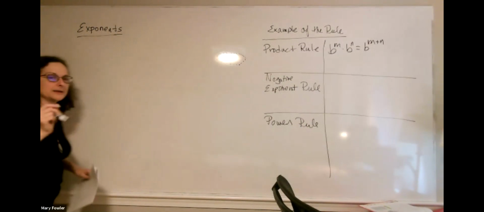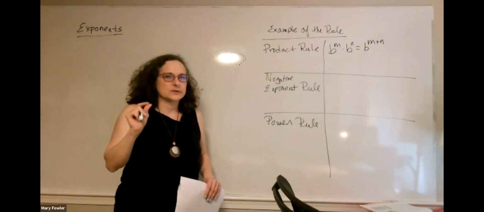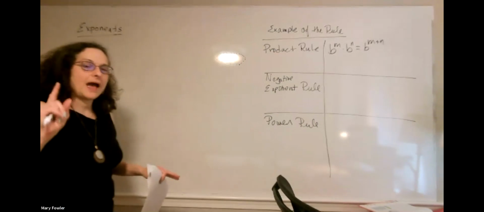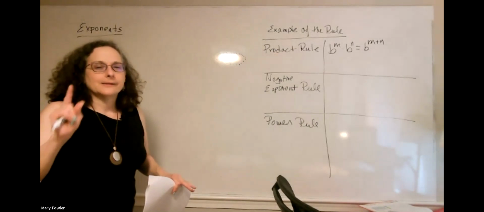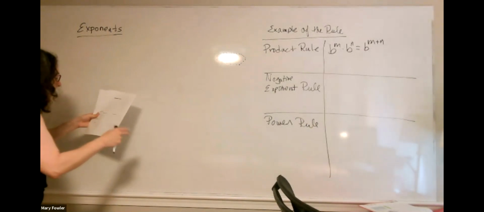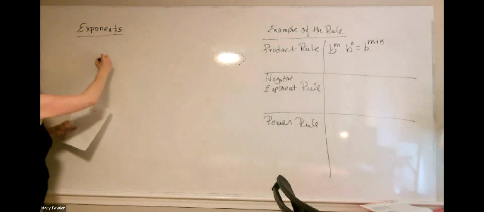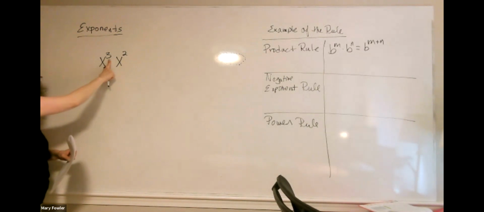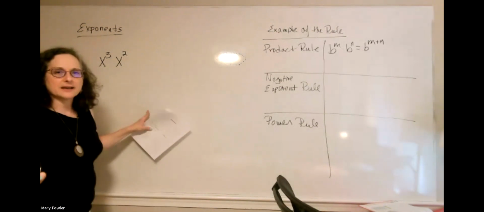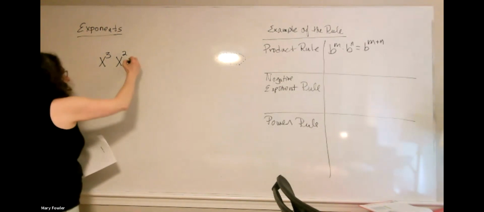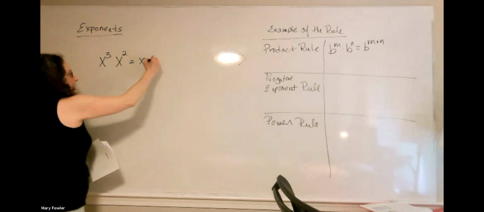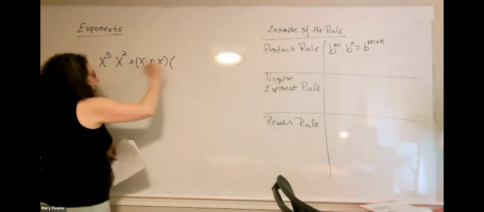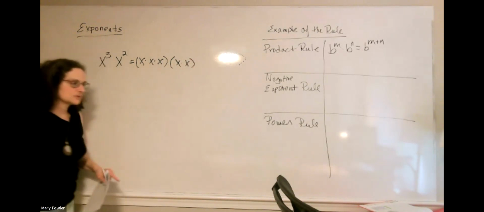I want to show you an example of that rule, because sometimes I can't always remember it, so I have a way of working through it to figure it out. Take x raised to the 3rd power times x raised to the 2nd power. Let's write that out. The first part is x times x times x, and the second part is x 2 times.